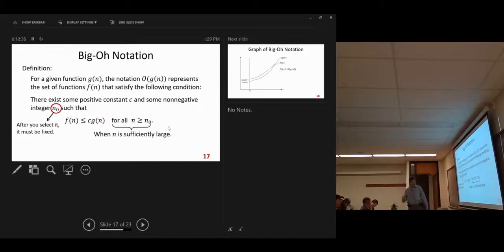Here, the role of this n0 is telling us to go far enough to skip that initial overhead part. We don't want to look at the overhead part.